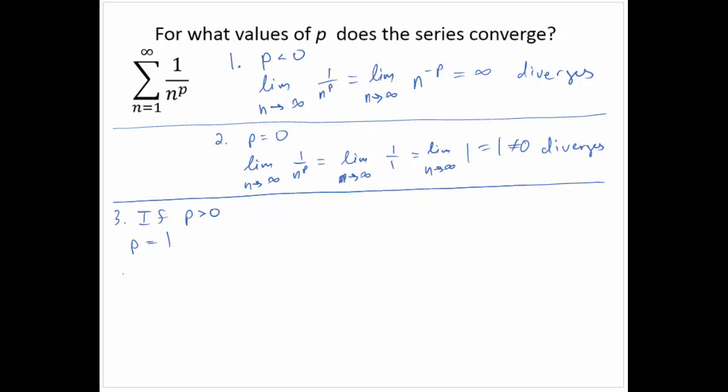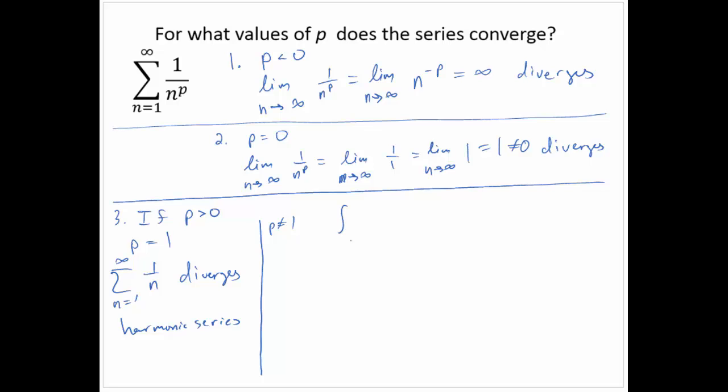If p equals 1, then this becomes the sum from n equals 1 to infinity of 1 over n, which diverges. That's the harmonic series. However, what if p is not equal to 1? If p is not equal to 1, let's apply the integral test.